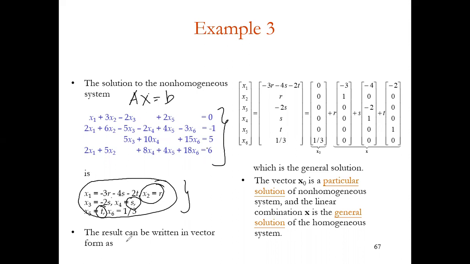We will transform the solution in this way. For example, x1 is minus 3r minus 4s minus 2t. If we do it manually, we do it like this.